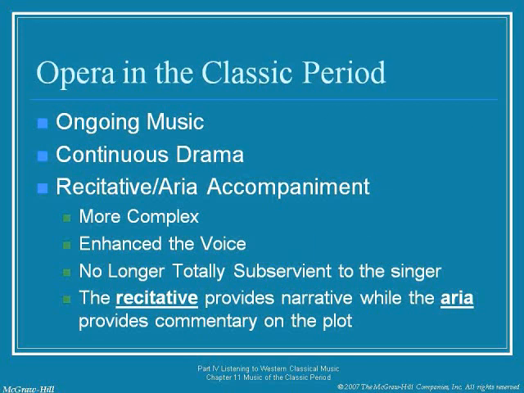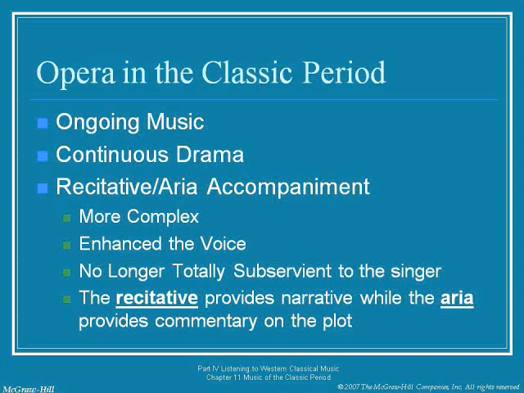Opera remained the dominant vocal form during the classic period, and the biggest differences between the classic period and the Baroque period lie in how the music was used within the opera. In the Baroque period, music was more of a background for the singer. But during the classic period, the music became a whole series of moods.